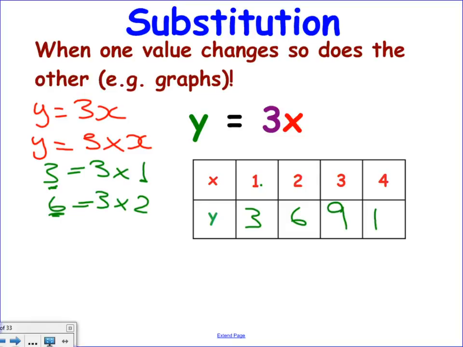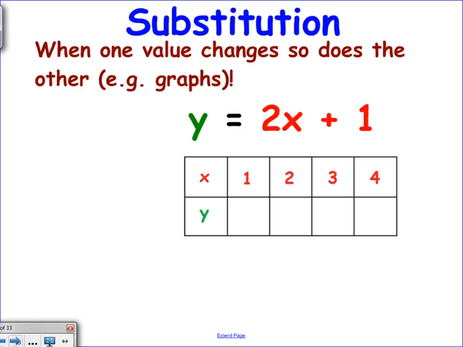So that has 9. And then 12. And then what you do is you go to your graph and you plot 1 on the x-axis, 3 on the y-axis, and so on. You'll get practice next week. But the reason I'm showing you this now is because all that process is substitution. You're given an equation and you just keep putting different values of x in.